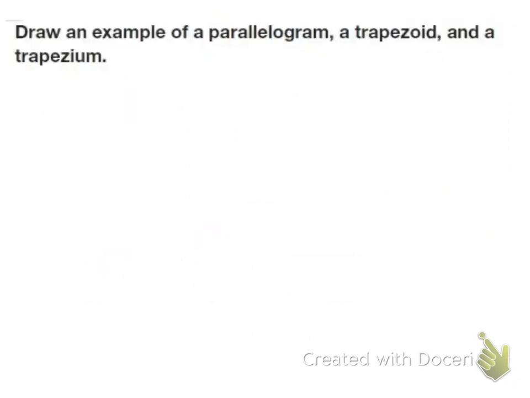On this problem it says, draw an example of a parallelogram, a trapezoid, and a trapezium. To draw a parallelogram, I begin by drawing 2 parallel line segments that are the same length. Then I'm going to draw 2 more segments between the endpoints. And there I have a parallelogram.